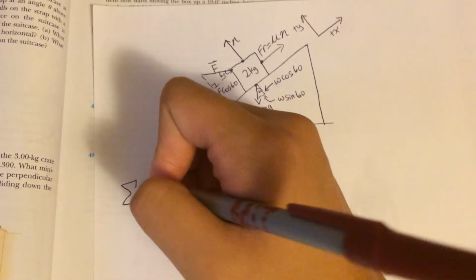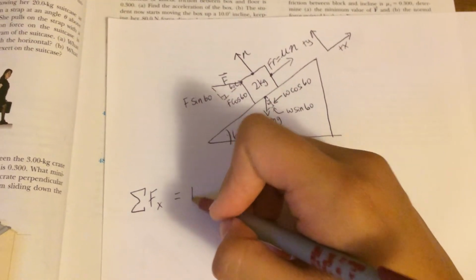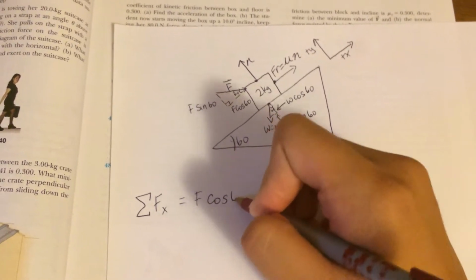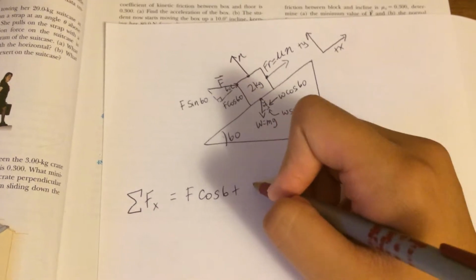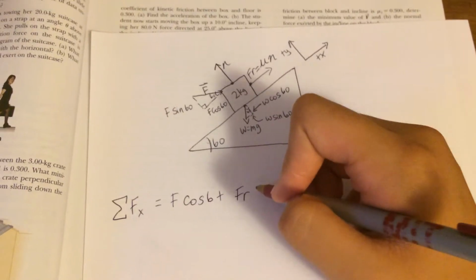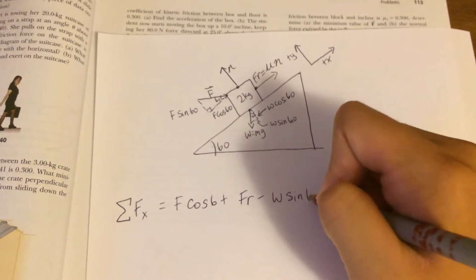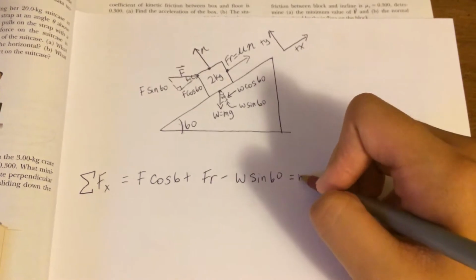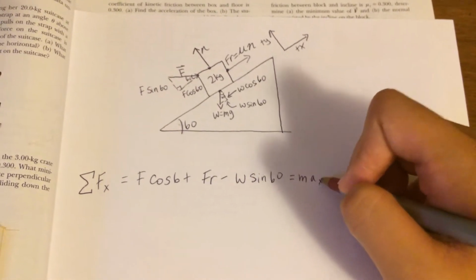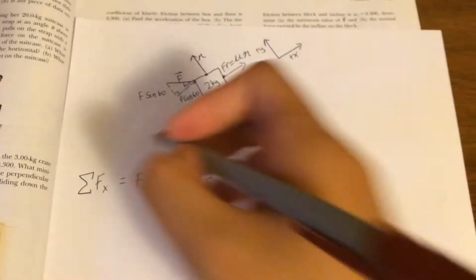Now let's write out Newton's second law. Sum of all forces in the x direction is equal to the force cosine 60, this, plus the friction minus the weight sine 60, which is this. And that equals mass times acceleration in the x direction, which equals 0 because it's at equilibrium, so it's not moving anywhere.